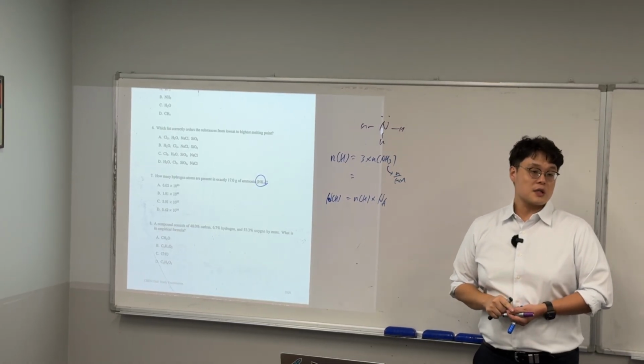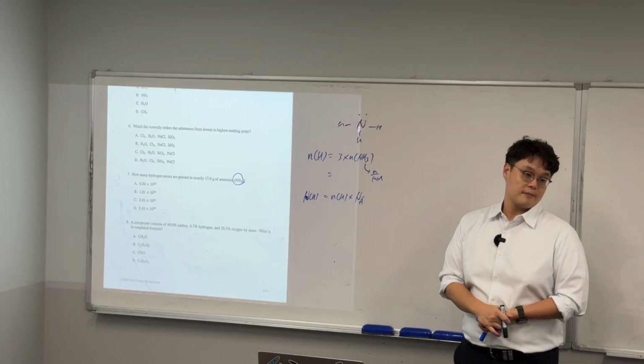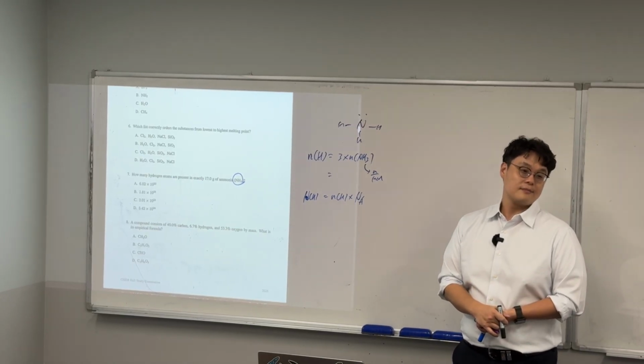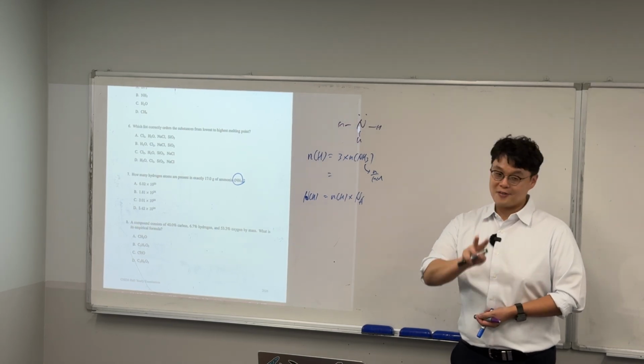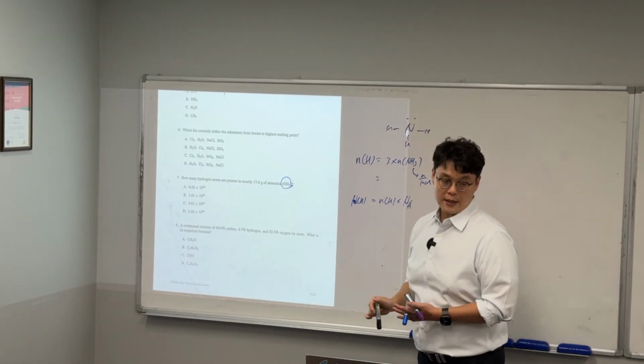How many hydrogens in 1 ammonia? 3. Therefore that. As you said, 1 ammonia has 3 hydrogens: 2, 6, 3, 9, in that order.